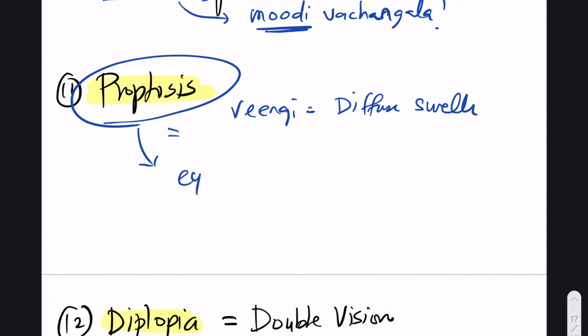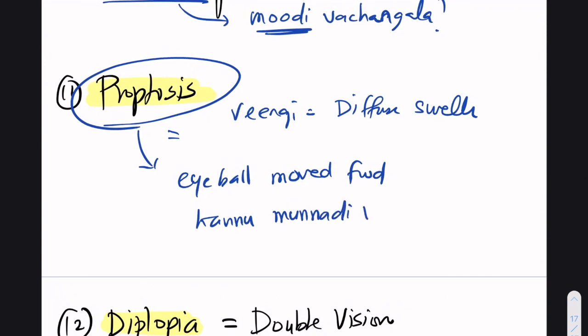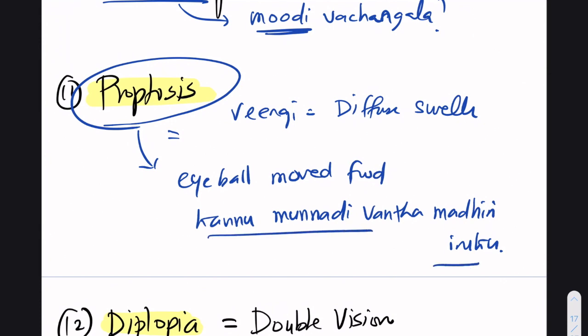So eyeball has moved forward means kannu munnadi, munnadi means in front. கண்ணு முன்னாடி வந்த மாதிரி இருக்கு. My eyes look very prominent, or it looks like my eyes have come out of my socket. That's what it means. கண்ணு முன்னாடி வந்த மாதிரி இருக்கு.